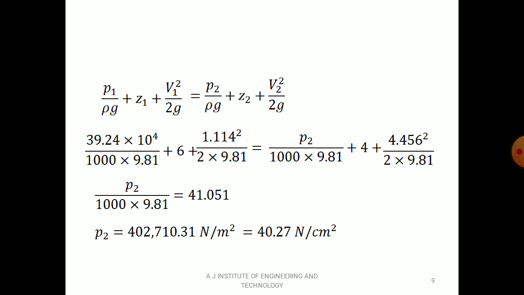So you get P2 as 40.27 Newton per centimeter square. To convert from Newton per centimeter square to Newton per meter square, you multiply. So to get from Newton per meter square to Newton per centimeter square, you just divide. Dividing by 10 to the power 4, you get 40.27 Newton per centimeter square. So that is the pressure at section 2.